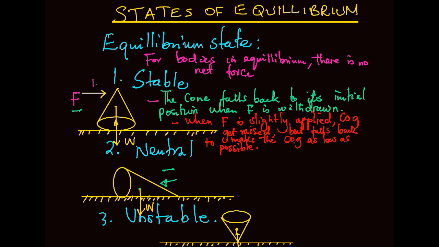So when the cone is laid on its side, as shown in this case, and the force is applied on it, it is noticed that no matter how big the force of displacement is, the position of COG does not change.